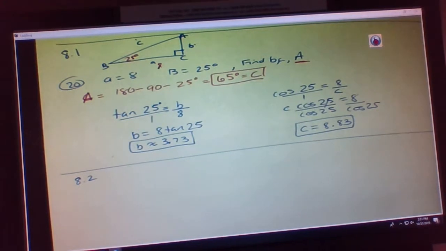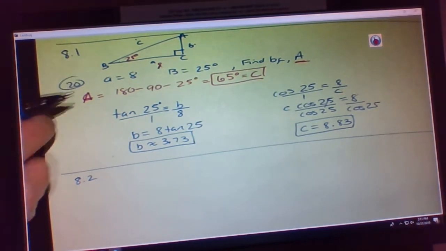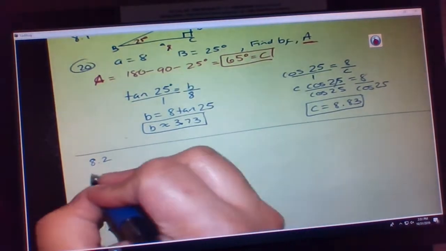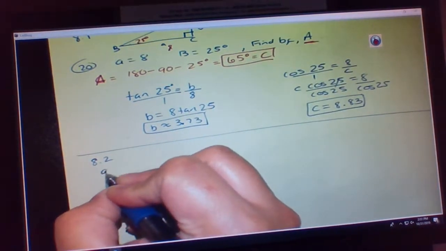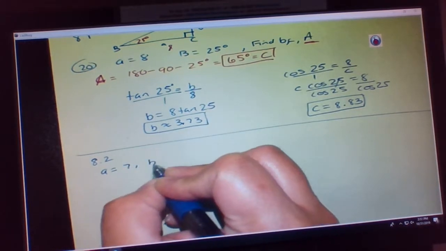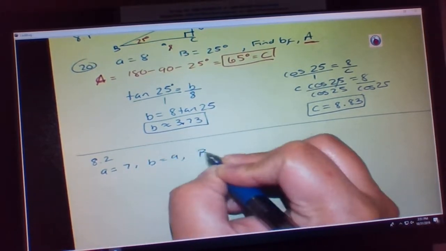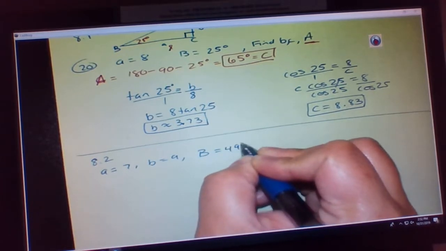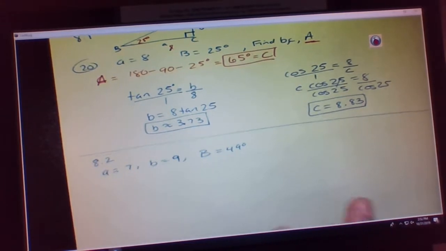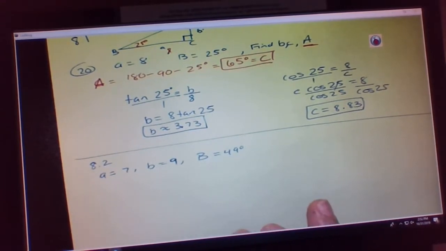8.2, law of sines. A is 7, B is 9, and angle B is 49. Now, do you remember your formula? Well, it's there anyways if you don't. What do we do?